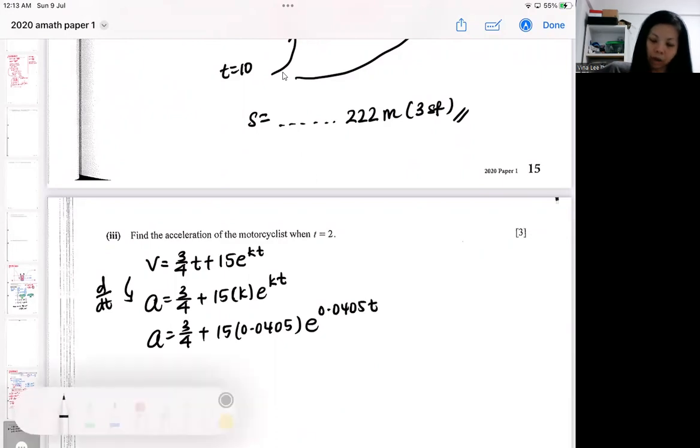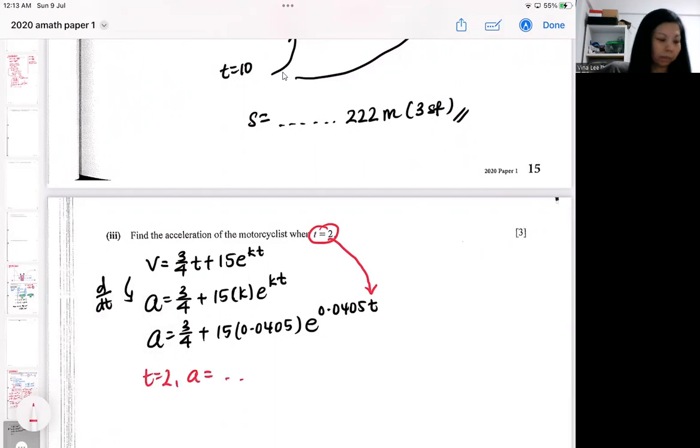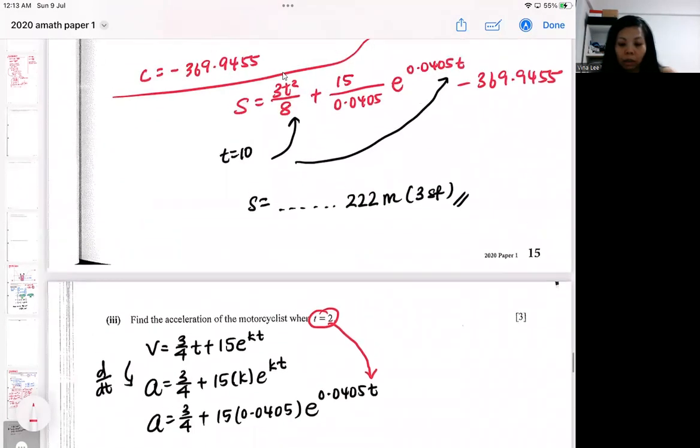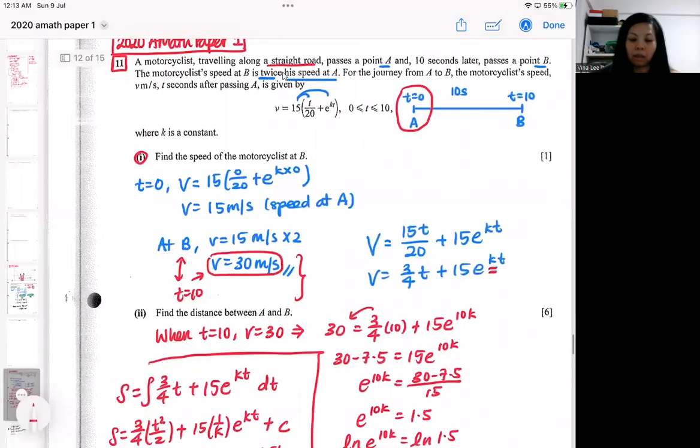The question asks for the acceleration when t is equal to 2. Then I'll plug it in and punch the calculator. So it shouldn't be a very big issue. Keep the accuracy as much as you can. Okay, so this is the kinematic question.